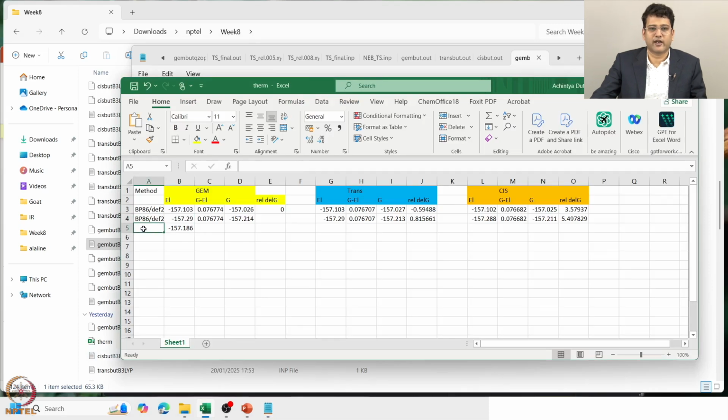So this is gem. Let me write the method's name. It's B3LYP def2-QZVP.